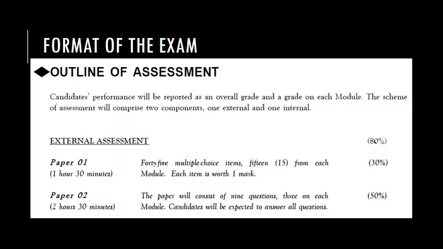You notice that there are two papers. Paper one, which is for an hour and a half, has 45 multiple choice items with 15 from each of the modules, and we're going to explain what these modules are. That's 30% of your overall mark. Then there's paper two, which is for 2.5 hours, and it will consist of 6 questions.